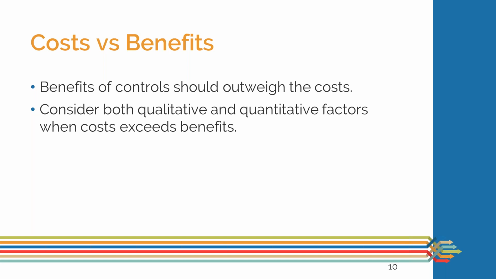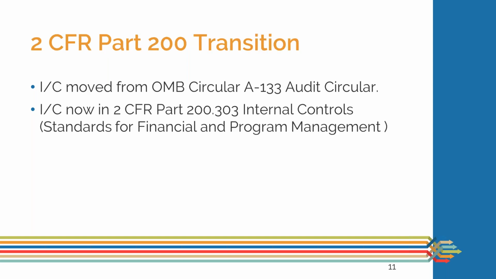That's one area that I think a lot of people, when you start out with internal control, may tend to go a little bit too much to one side, or not enough controls. That's a good balancing act that we should look at.